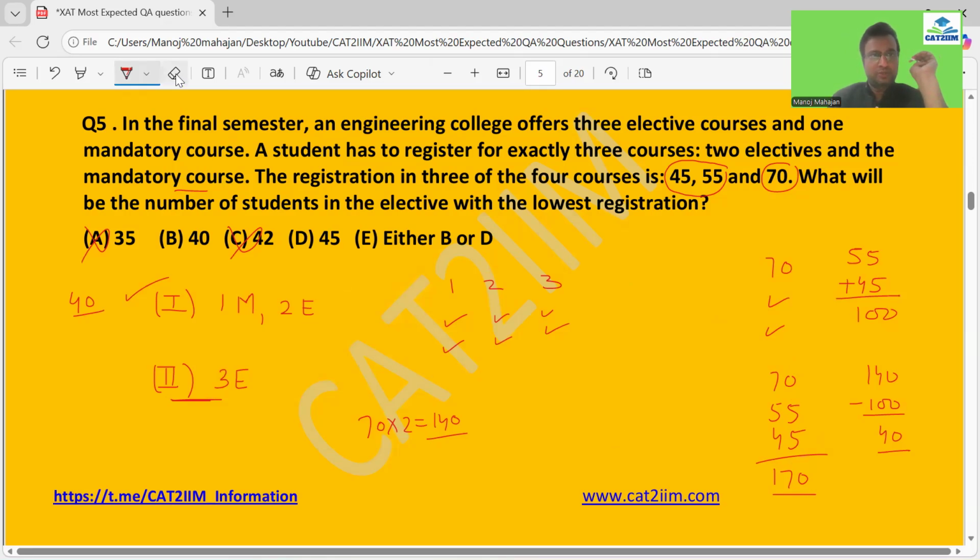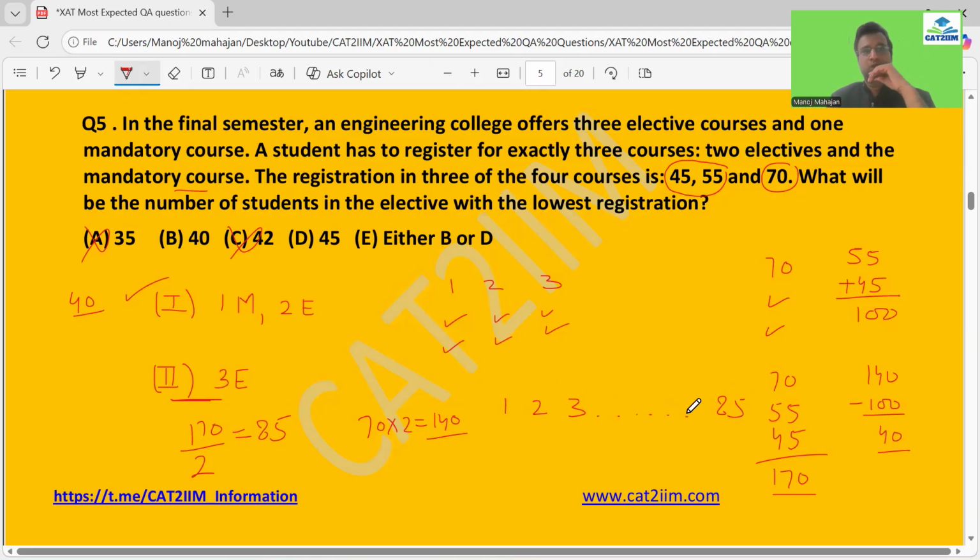So I do not know how many students we have, but we can calculate that. So let's do a simple calculation out here. So 170 registrations, if I divide by 2, since every student has to get two electives, what I get is 85. So what I can see is that there are 85 students, right, who have the mandatory course, right?